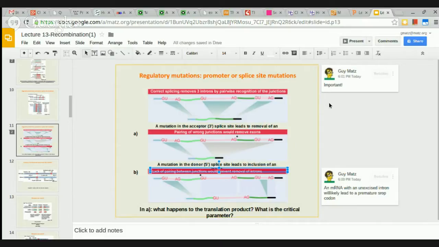Anybody want to venture a guess? Yes. What do you mean by parameter? I mean, what is the physical element on that locus that's going to impact the answer?